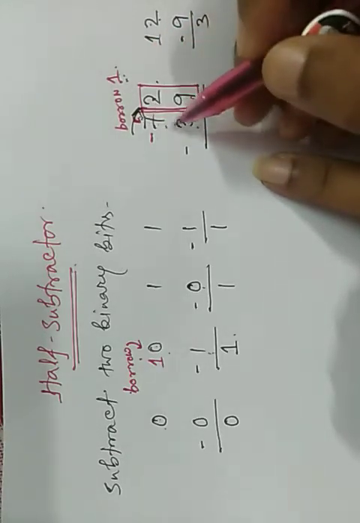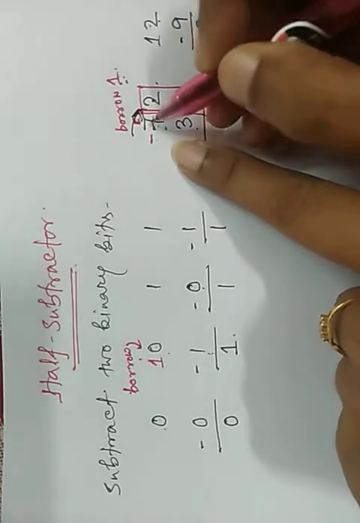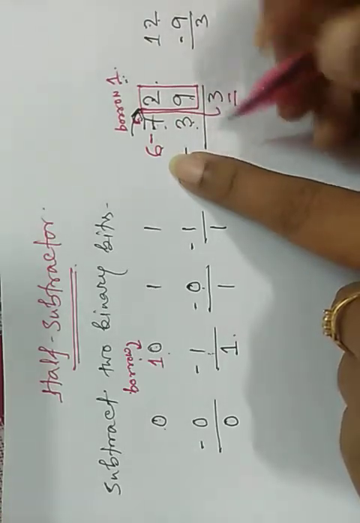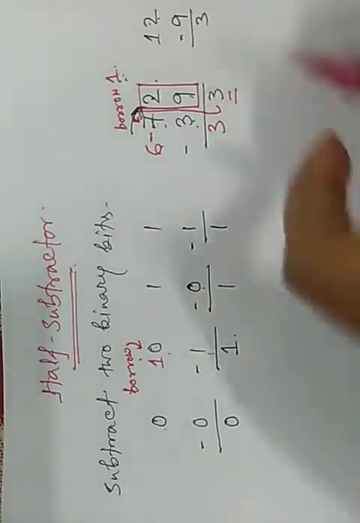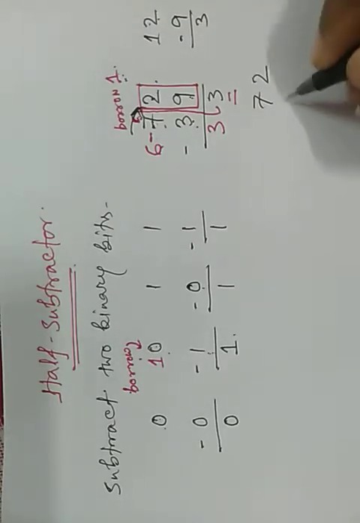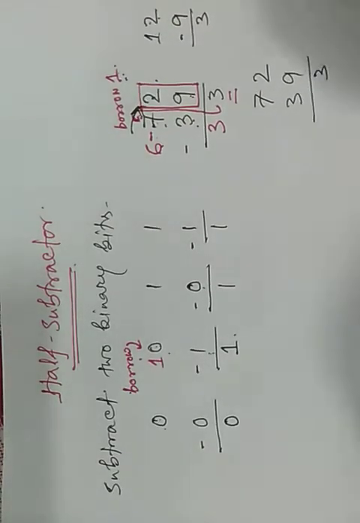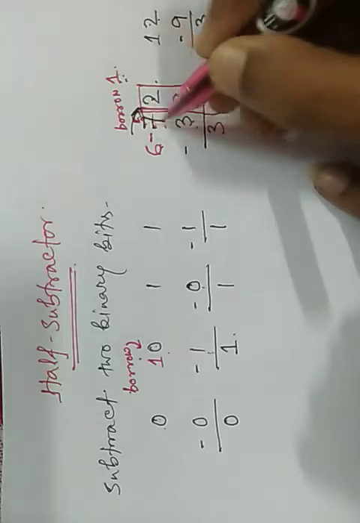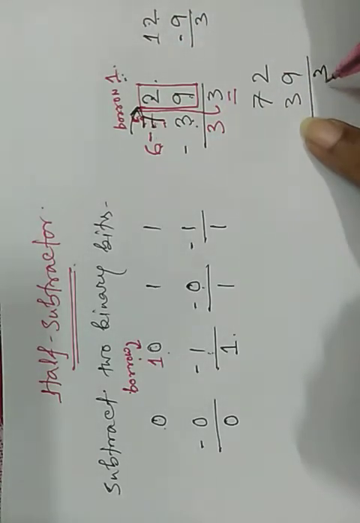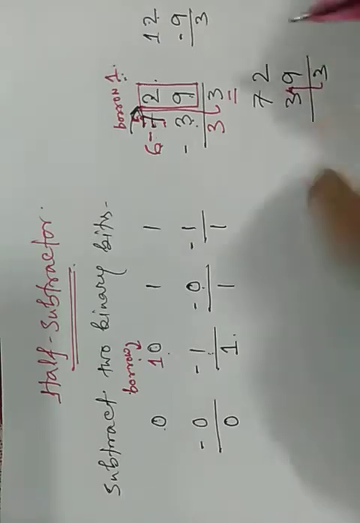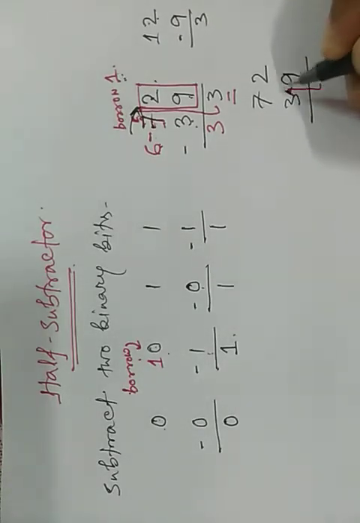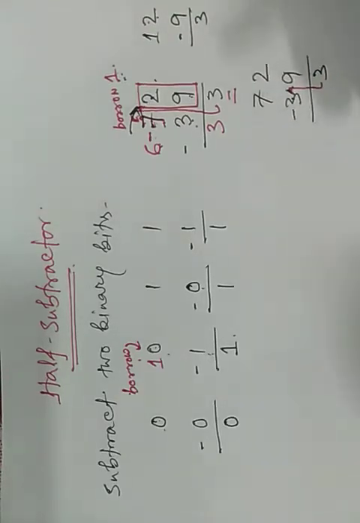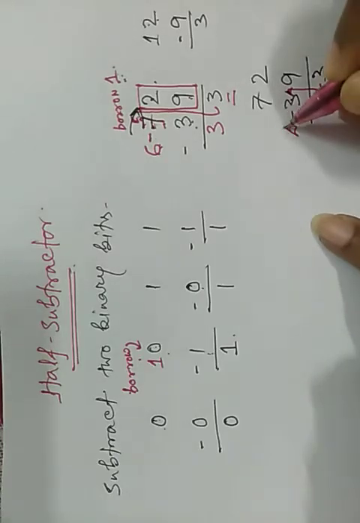Either we can subtract 1 from 7 and write 6 minus 3 is 3, or we can add the borrow to the bottom digit, so 3 changes to 4.